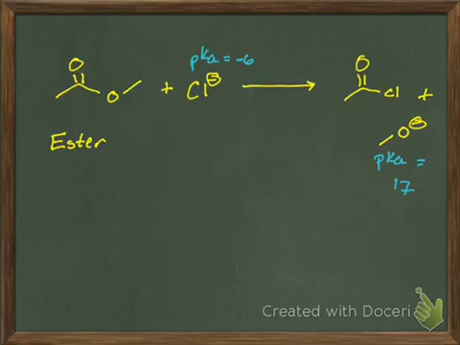You can tell from looking at these that the chloride is more stable on its own than this alkoxide is. So one thing you can say, if you wanted to get really upfront about it, is this reaction will not happen. But unfortunately, like most things in chemistry, you need to avoid saying always and never as much as you can. There could be an equilibrium here, but the equilibrium would look something like this.